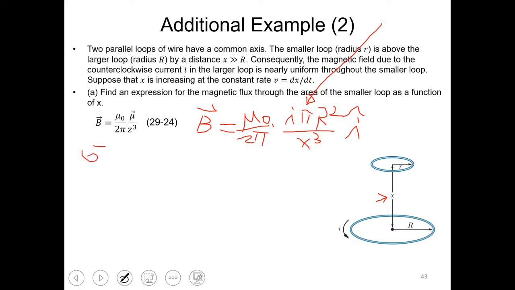So phi b will be approximately b times a, because it tells you it is nearly uniform.